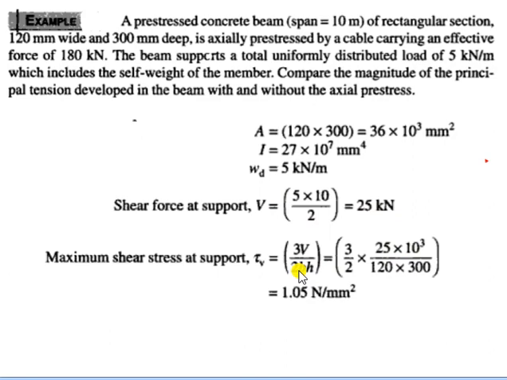B is width of a beam, which is given, 120 millimeter, and H or capital D is the overall depth of a beam, given as 300 millimeter. By solving this equation I will get the maximum shear stress at the support tau V is equal to 1.05 Newton per millimeter square. So this is the maximum shear stress that will develop at the support.